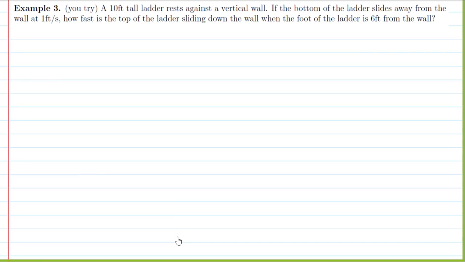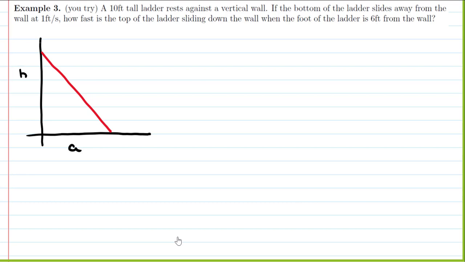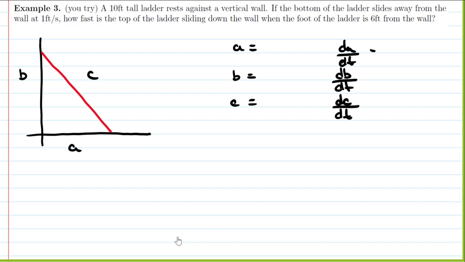So in our situation, we have our wall, we have our ladder. Looks something like this. I'll label this side A, this side B, and this side C. Making my chart, I have my A, I have my B, I have my C, and the possible derivatives are dA/dt, dB/dt, and dC/dt.